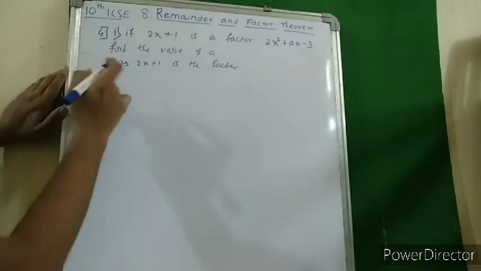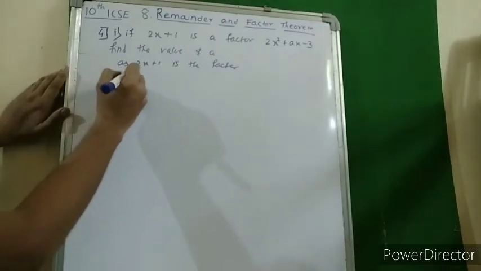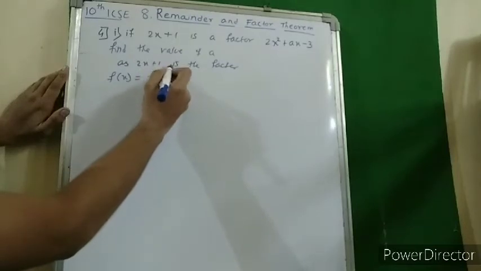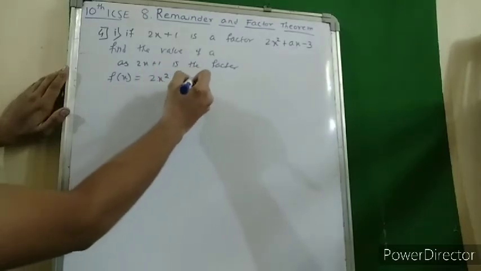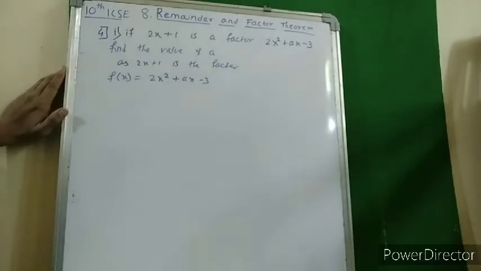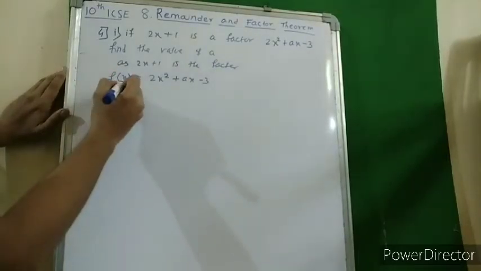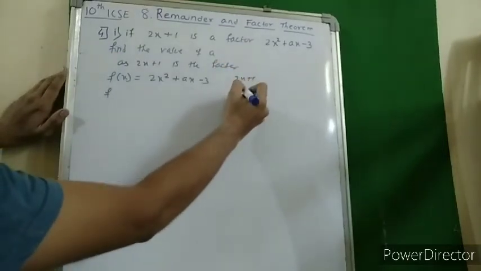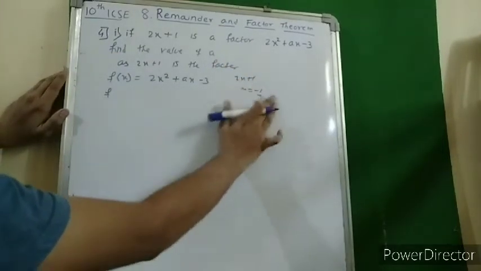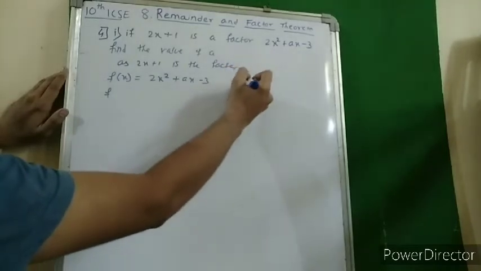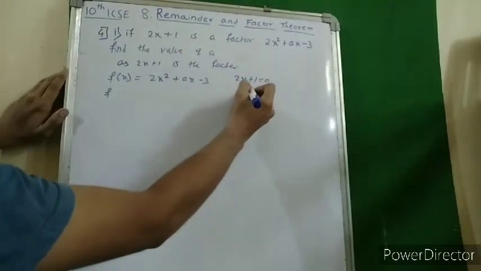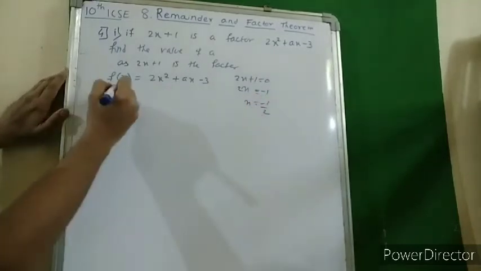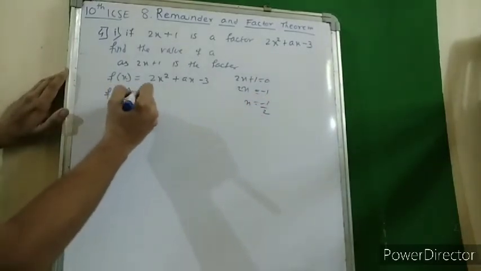We have the function of x as 2x cube plus 2x square plus ax minus 3. In place of x I am going to substitute: 2x plus 1 equal to 0, therefore 2x is equal to minus 1, x is equal to minus 1 upon 2. So in place of x it is minus 1 upon 2.